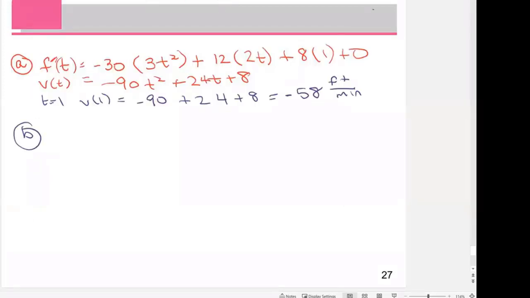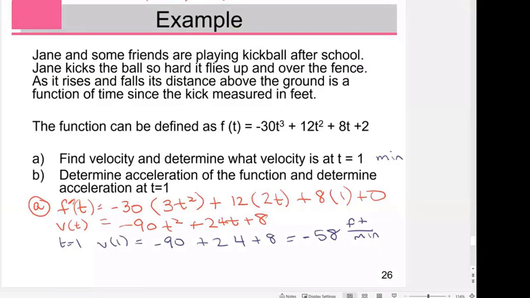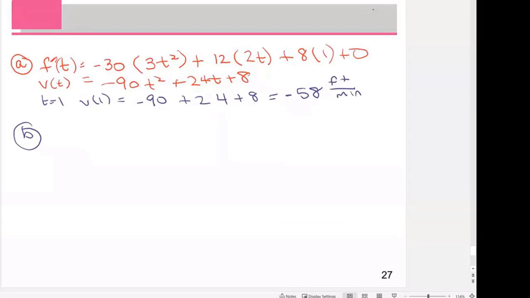And B says I want the acceleration. So determine the acceleration when t equals 1. So this is the velocity. And now we know the derivative of the velocity is the acceleration.